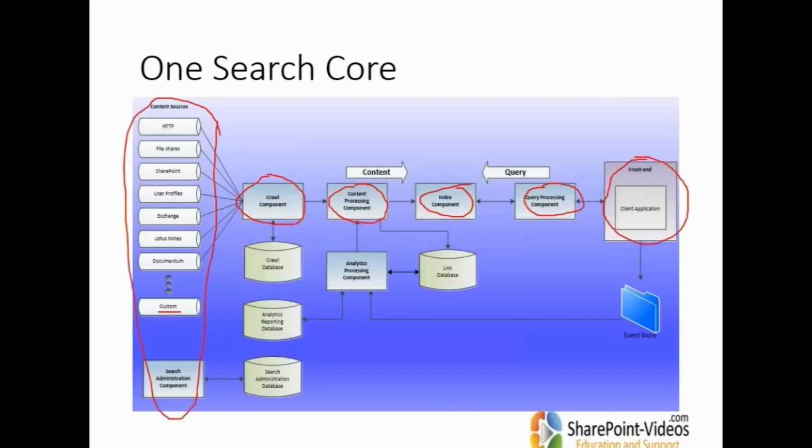This query will get processed, I will explain it later. And of course, it gets the results from the indexing component. The results are getting back to the query processing component, and the query processing component will provide those results to the client application.